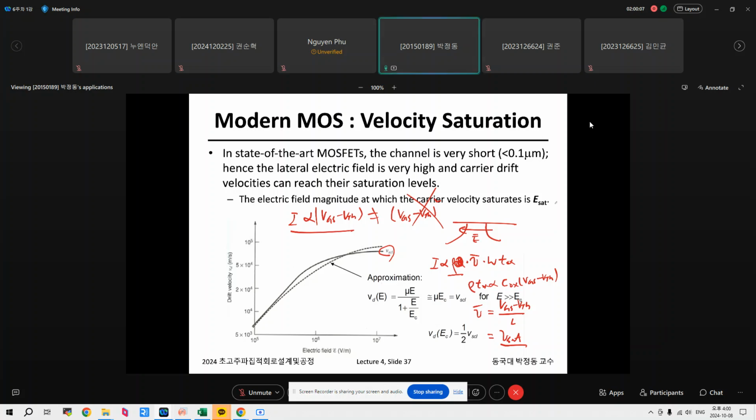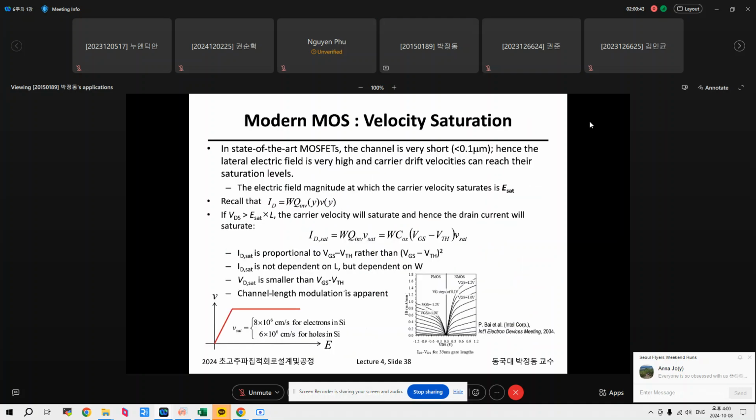Okay, therefore, in a short channel device, ID is just proportional to VGS minus V threshold, not proportional to the square. Makes sense? Because velocity is already saturated. The velocity does not increase as electric field increases or as VDS increases.